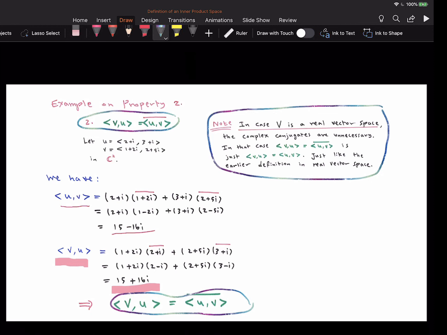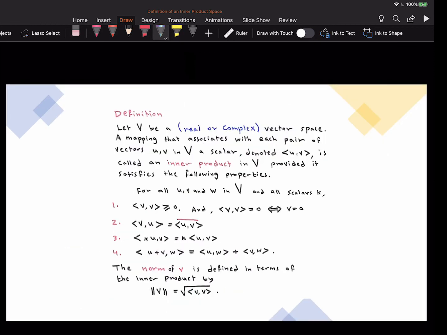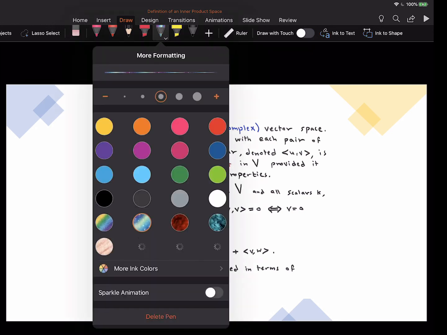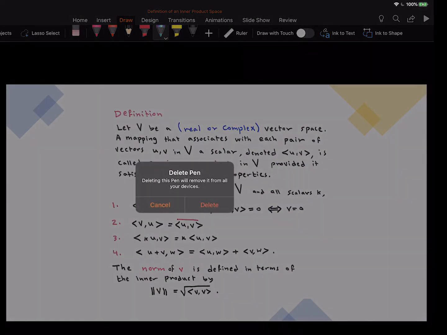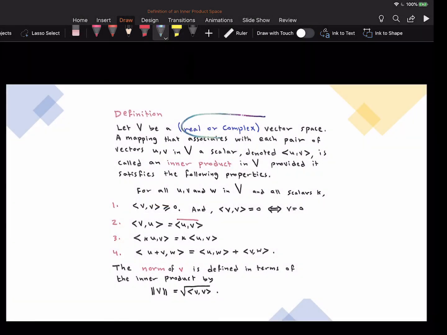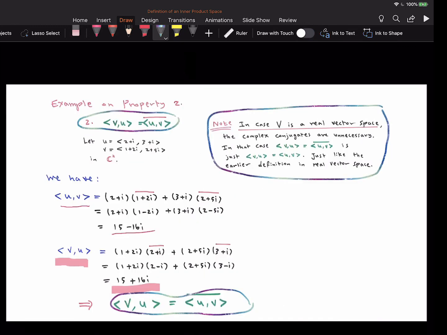So the last page covers both real and complex. All right, back to this, and now I think we are done.